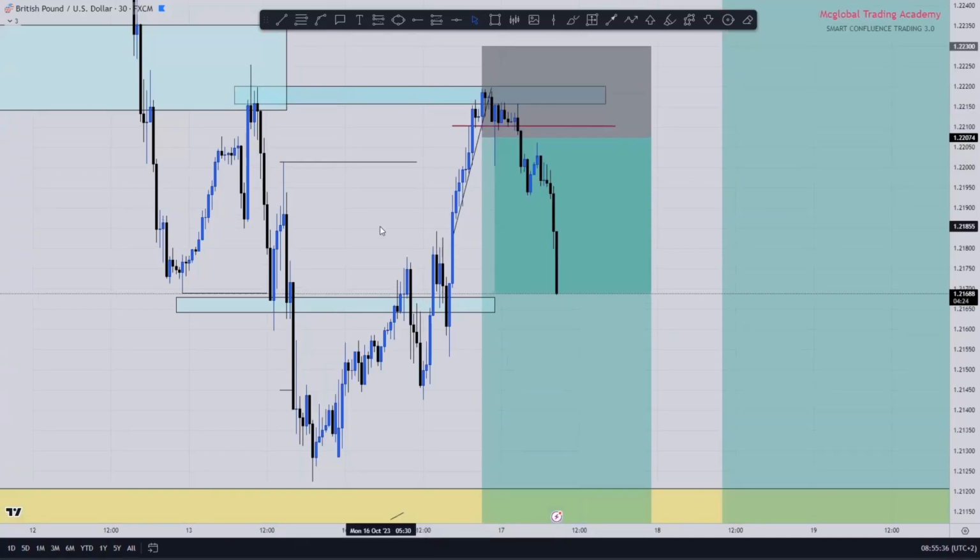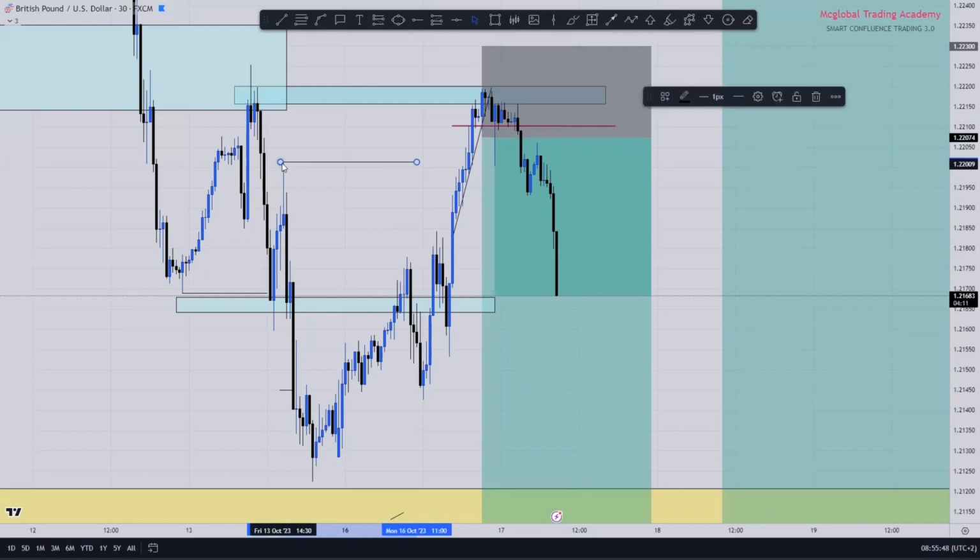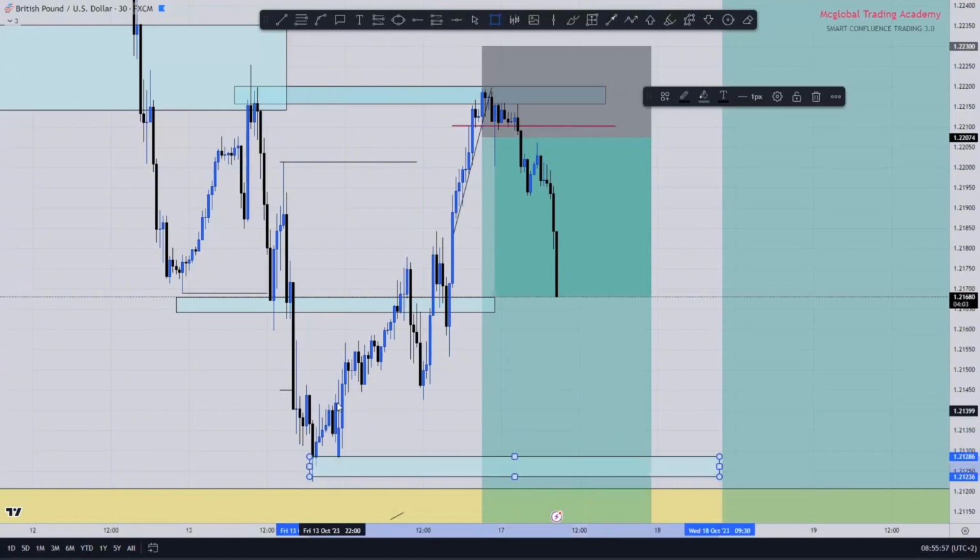So this is where people are also trapped. You see this level here. People of lesser understanding will come and think that is a change of character. This is not a change of character. The minute you say this is a change of character, you are anticipating to buy hard around maybe here or any other zone, or this demand here.